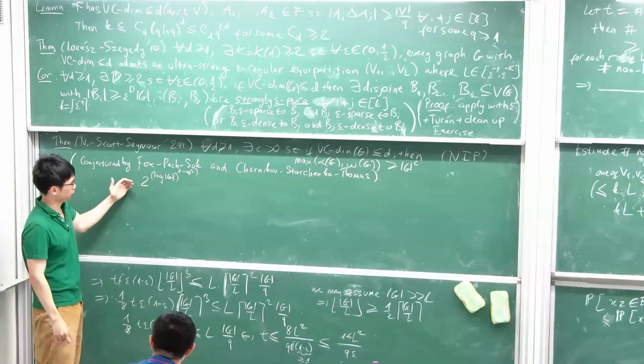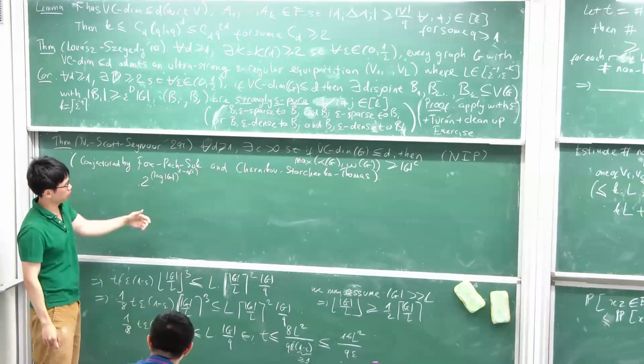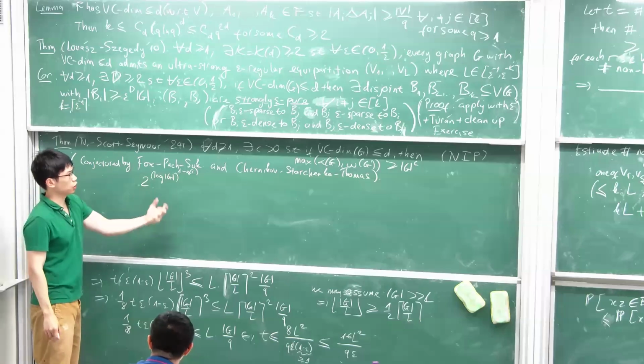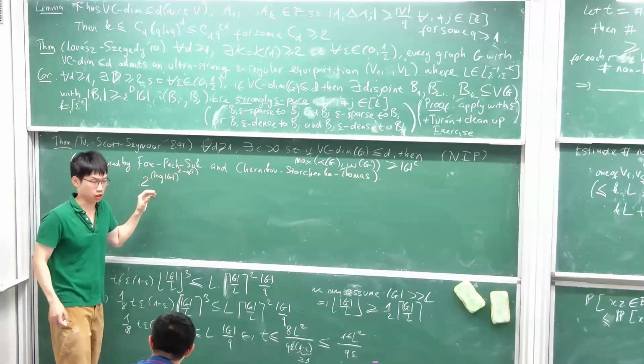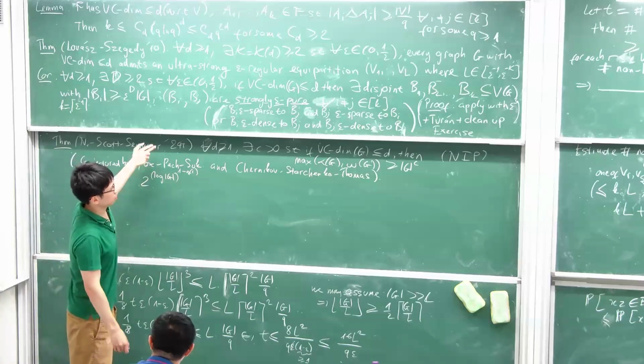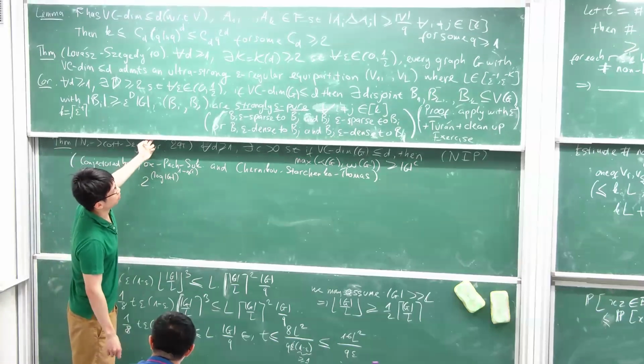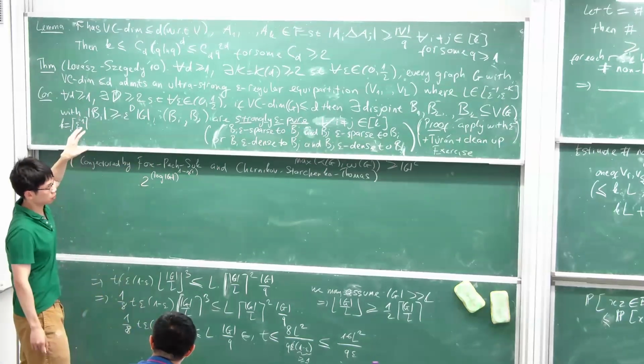So in other words, what Fox, Pach and Suk got was the near Erdős-Hajnal result for graphs of bounded VC dimension. And what they did was roughly by applying this corollary directly.